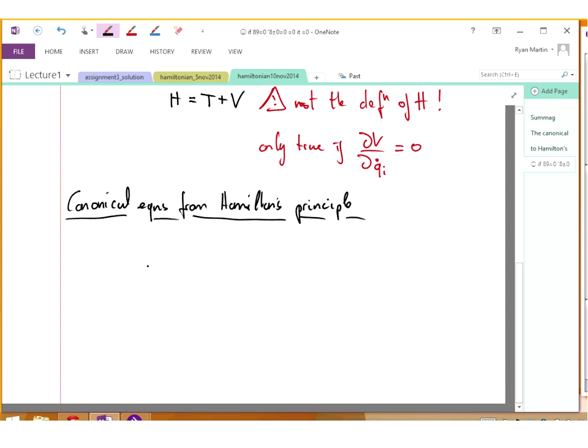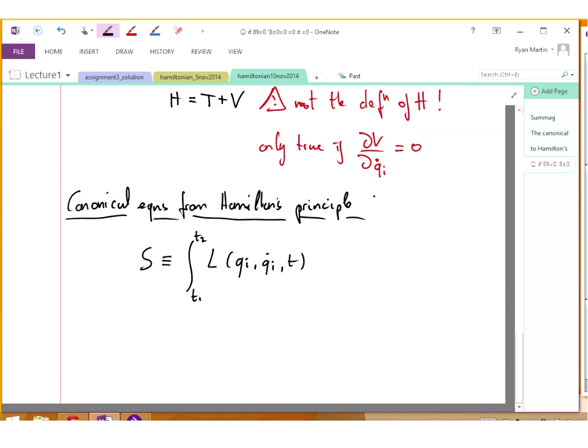Okay, so recall we had the action S to be the definite integral from some time t1 to t2 of this function L of q_i, q_i dot, and t.